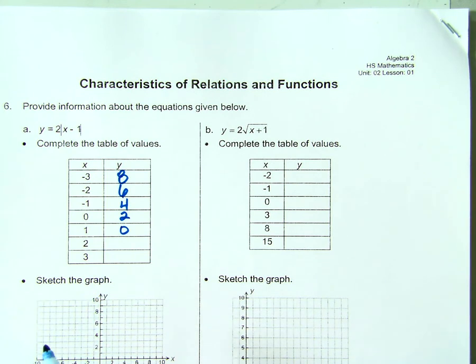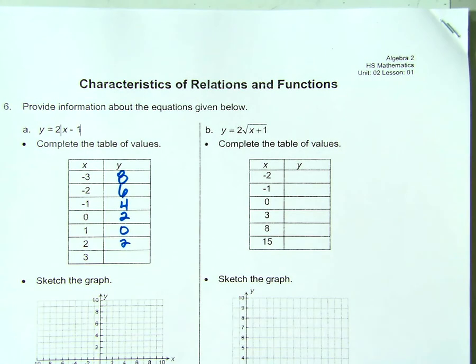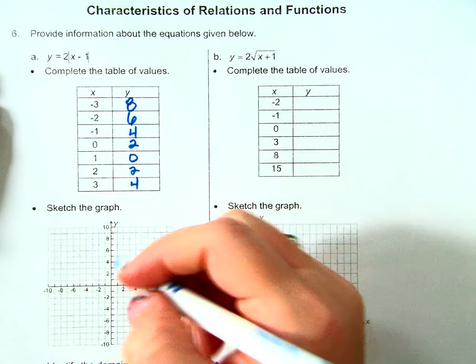Absolute value of 1? The distance from 0 of 1 is 1 times 2. 2. 3 minus 1. 2. Absolute value of 2. 2 times 2. 4. So plot these points.